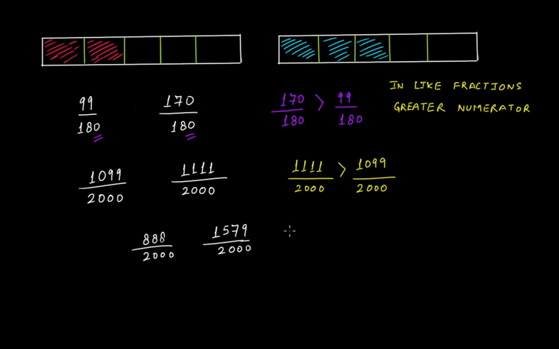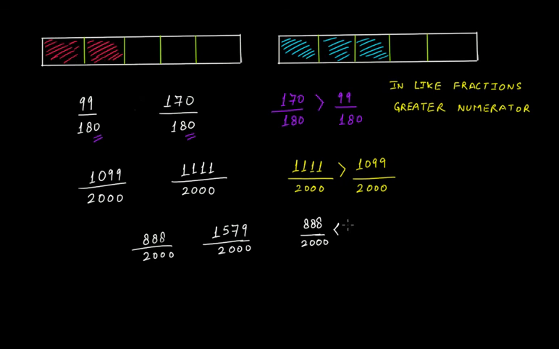Then in this case, which one will be the smallest? Of course, 888 is the smallest of all these 4 numerators. Therefore, 888 divided by 2000 will be the smallest one.